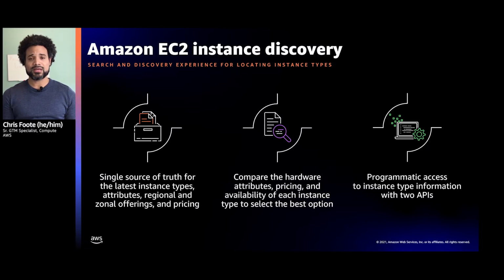Customers can leverage it as their single source of truth to find the latest instance types across availability zones and regions, and even make pricing comparisons across those. They can compare instances across hardware attributes, various pricing styles, and see the availability of each instance type. This is available both via the console and via programmatic access.